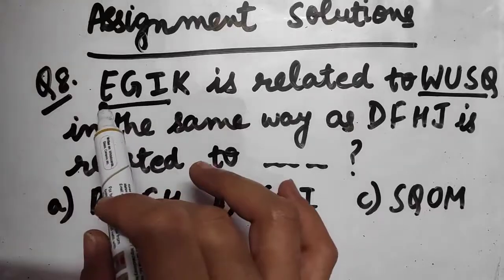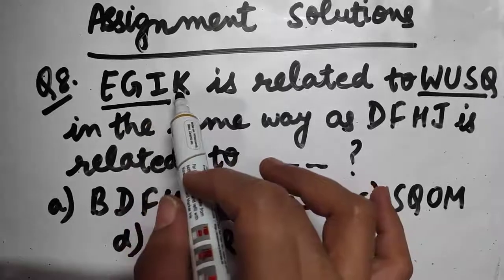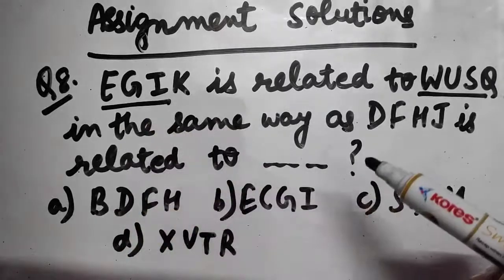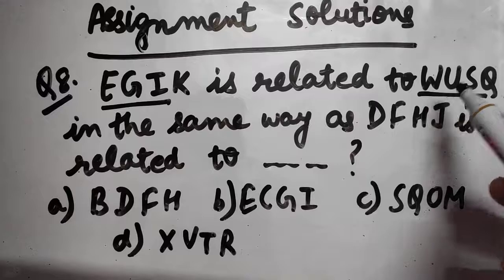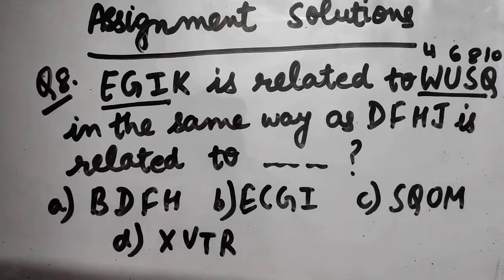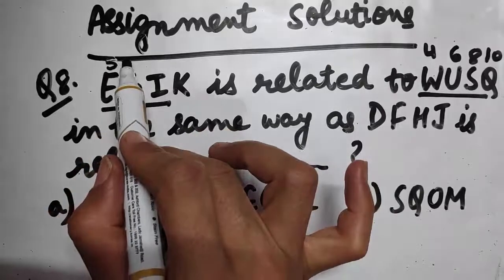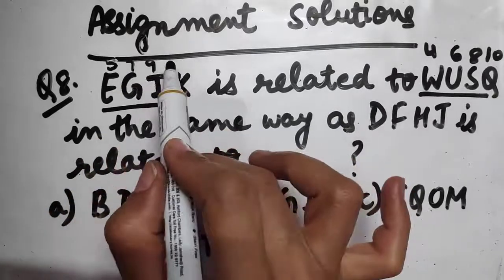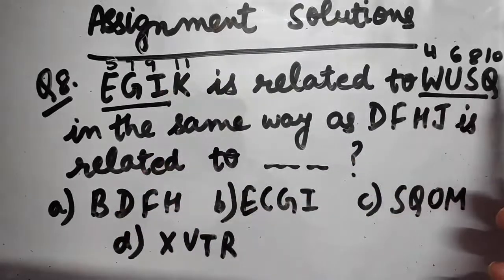I am repeating, EGIK are the 5th, 7th, 9th and 11th letters from the beginning of the alphabet series, and W, U, S, Q are the 4th, 6th, 8th and 10th letters from the end of the alphabet series.